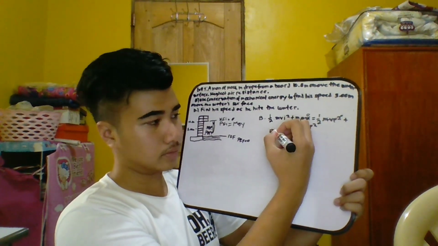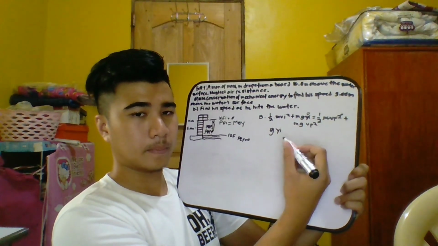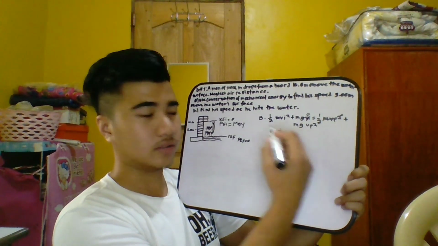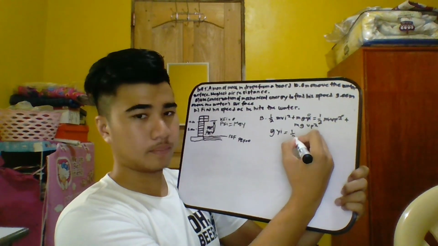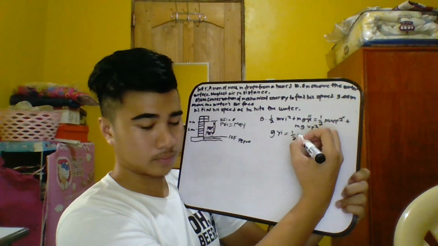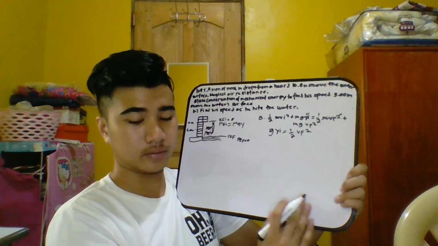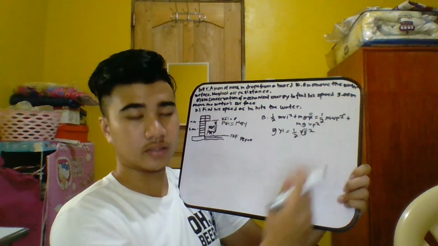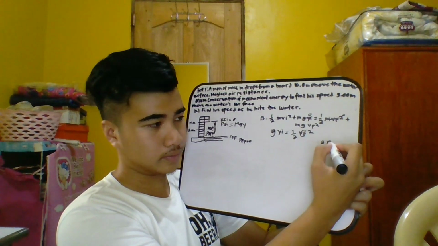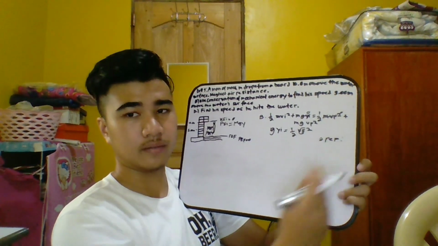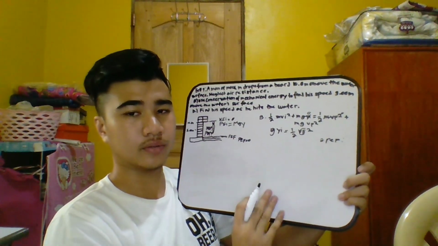The remaining equation is g times y initial equals 1/2 times final velocity squared. The final velocity is at the reference, where he reaches the water.